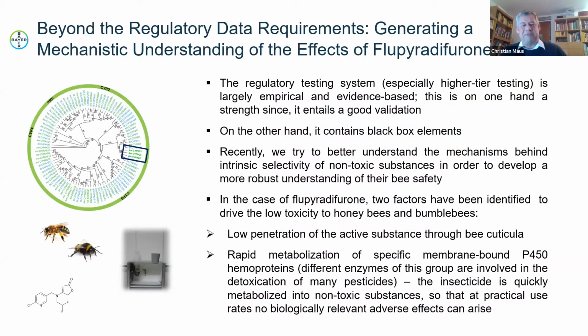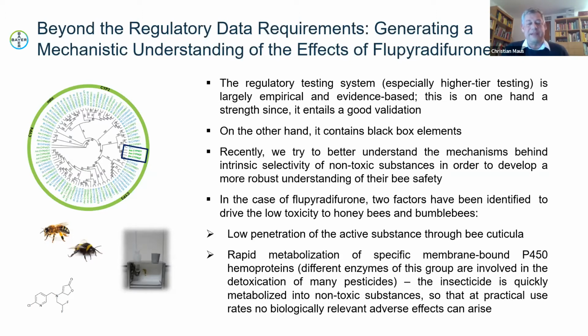How does it work? Well, we have figured out what's the mechanism behind that, because nowadays we are more and more not only looking at whether something is causing an effect or not, but if there is no effect, why there is no effect. This is certainly increasing the level of protectiveness when we understand the mechanism. And in that case of flupyradifurone, there are two reasons why it's of very low toxicity to bees.